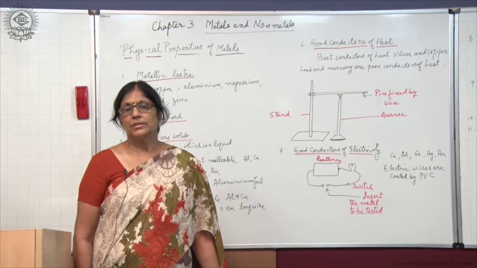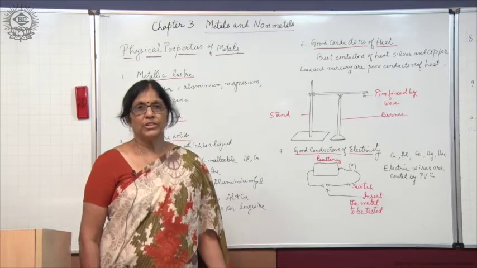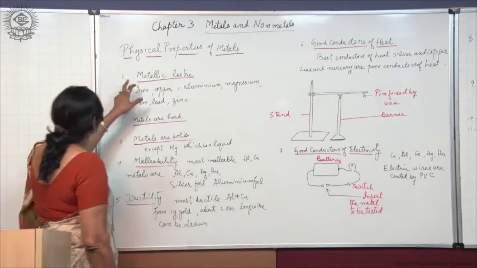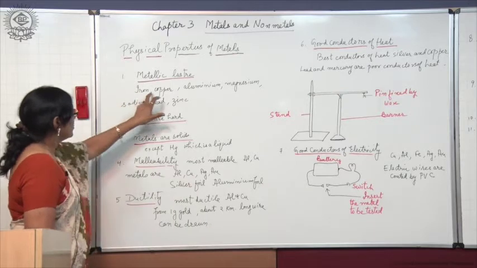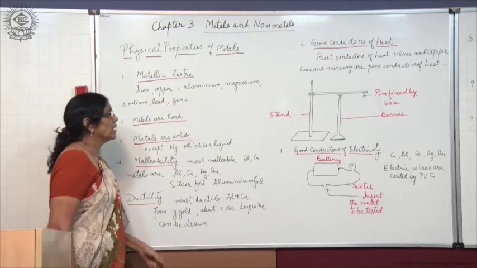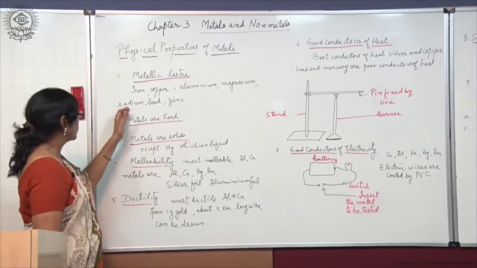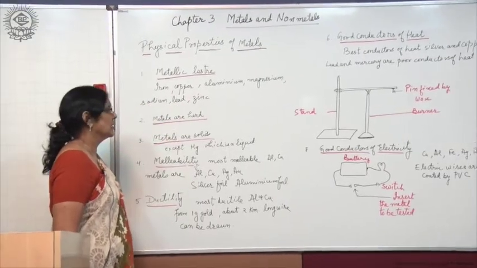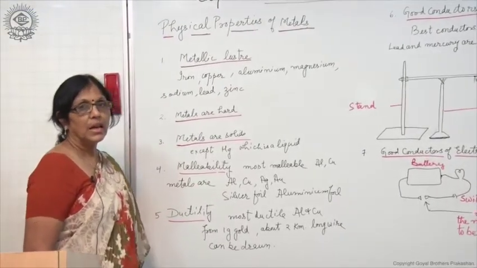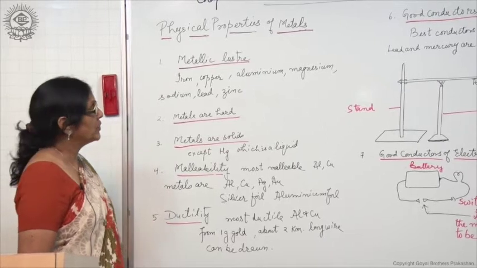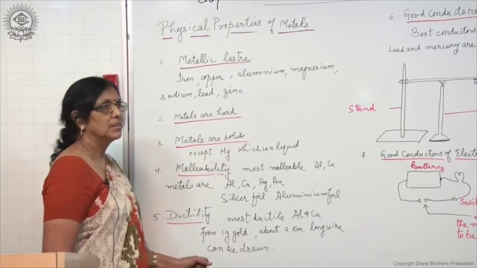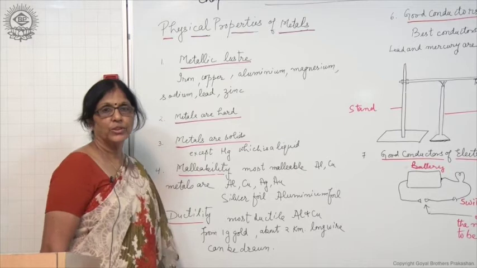Just by performing certain activities, take some pieces of iron, copper, aluminium, magnesium, sodium, lead, zinc. Rub these metals with sandpaper and see what happens. What do you see?